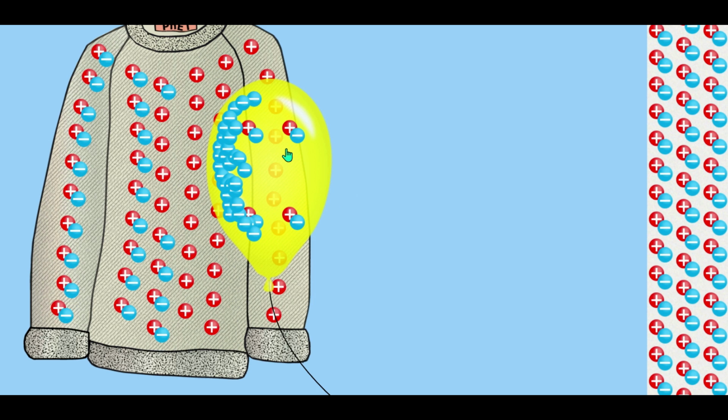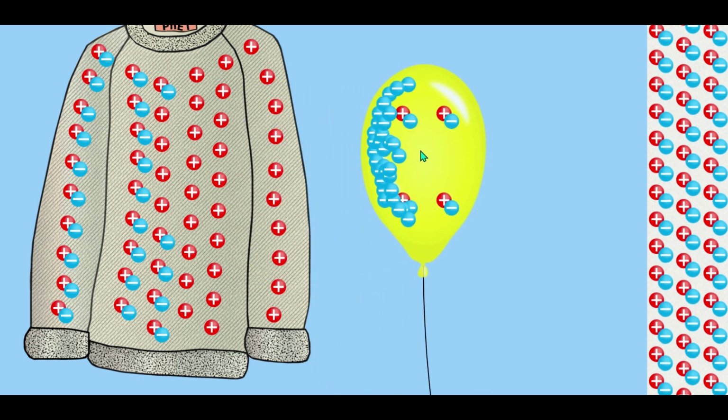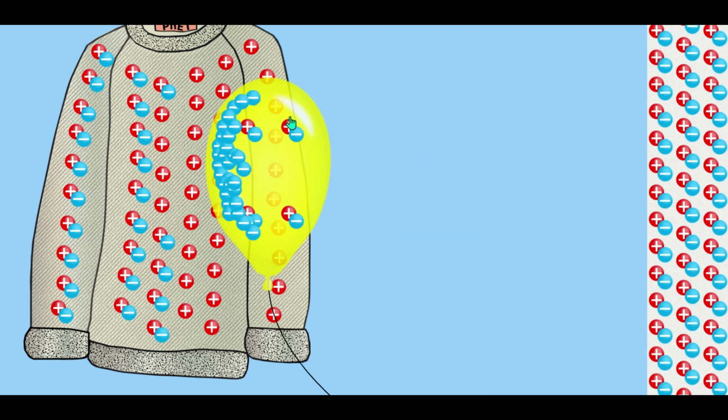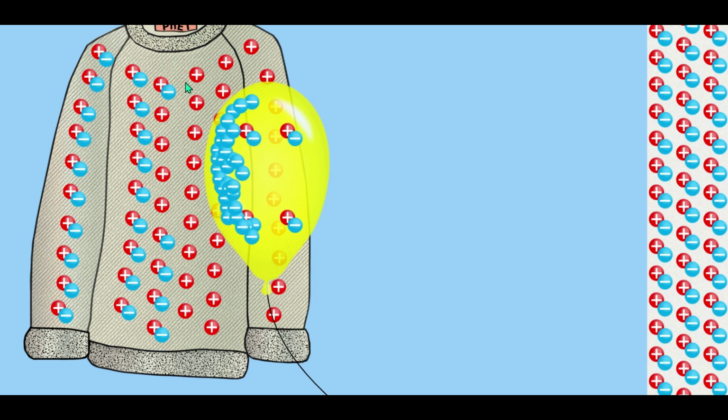Because of the material, the negative charge from the sweater is transferred to the balloon. So now the balloon is negatively charged because it has extra negative charge, or extra electrons, and the sweater is positively charged because it now has extra protons.